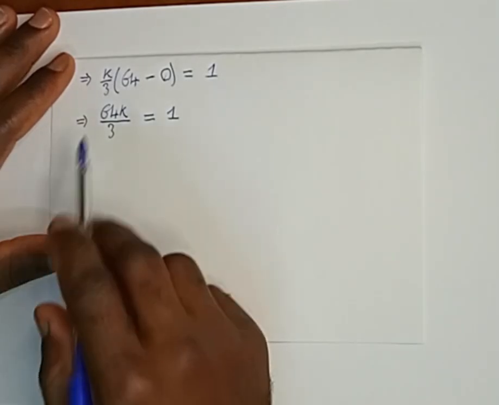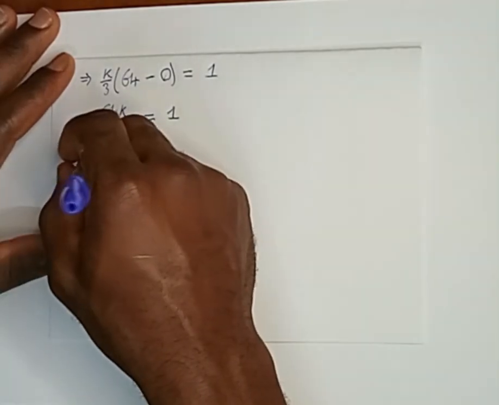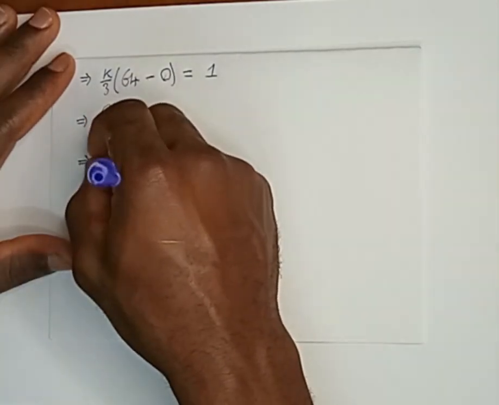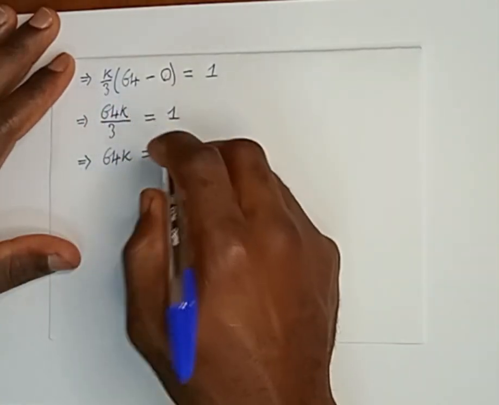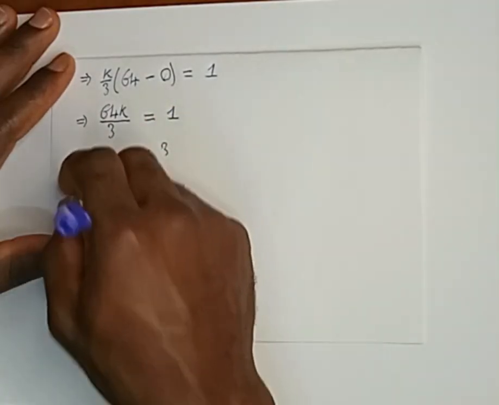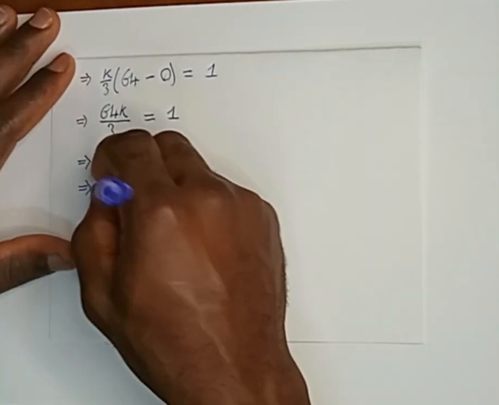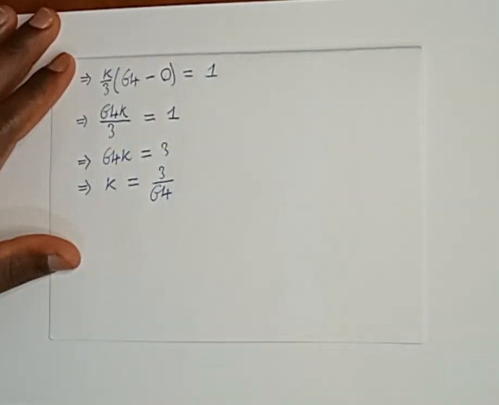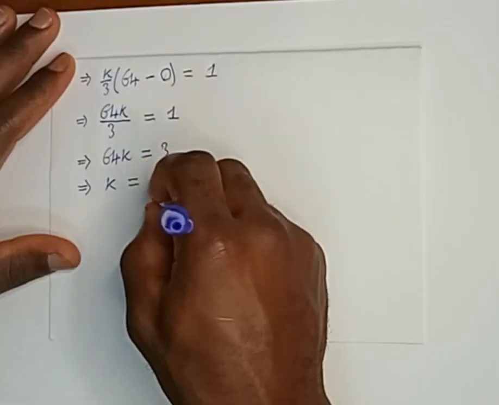We are to solve for k, then if we multiply both sides by 3, this will give us 64k to be equal to 1 times 3, which is 3. Next step, dividing both sides by 64, k will simply be equal to 3 on 64. We underline the value of k.